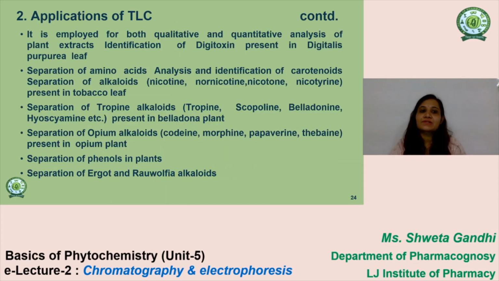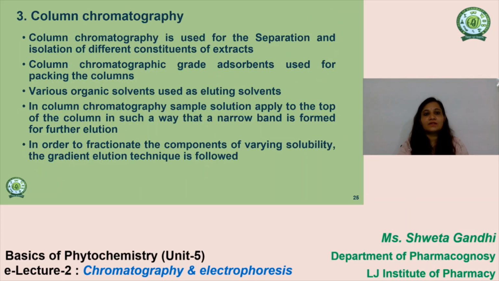What are the applications of TLC? It is mainly employed for the qualitative and quantitative analysis of different phytoconstituents, for example digitoxin, nicotine, tropane alkaloids, opium alkaloids like codeine and morphine, separation of phenols in plants, separation of ergot and Rauwolfia alkaloids. These are the different applications of TLC.